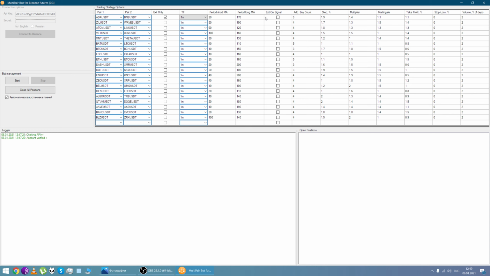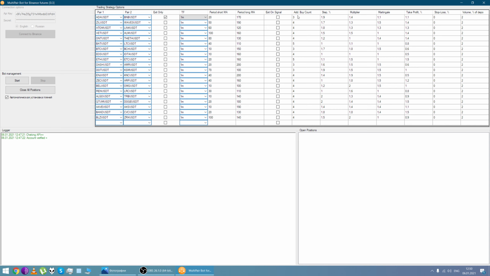If you tick exit on signal, an opposite signal to a signal to open will be a signal to close the deal. If you don't tick, the bot will not consider the opposite signal as an instruction to close the deal. It will execute buy orders and close the position when the price hits take profit or stop loss target.